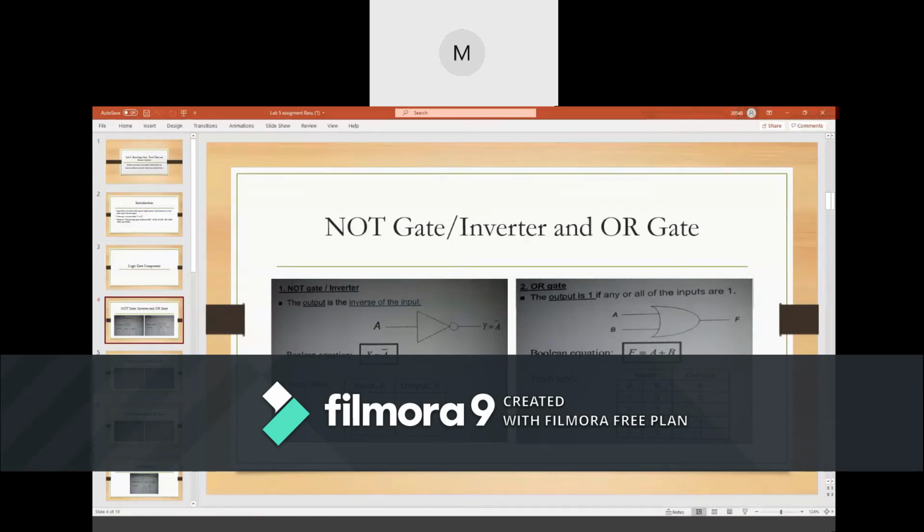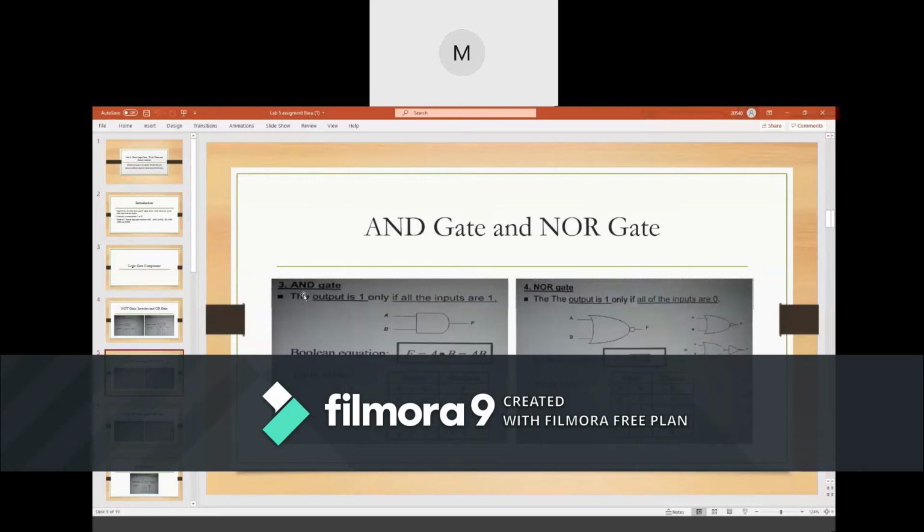Next, OR gate. The output is 1 if any or all of the inputs are 1. It means that if either input has 1, the output will become 1. Next, AND gate. The output is 1 only if all the inputs are 1.